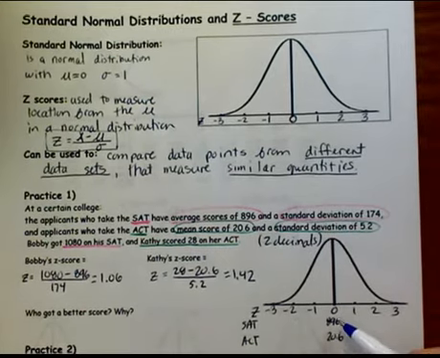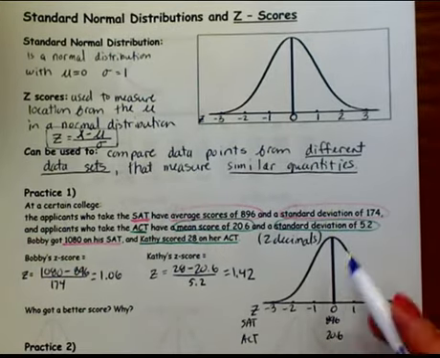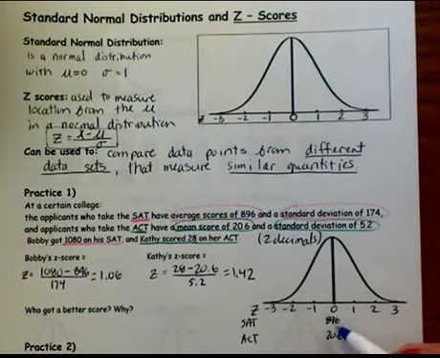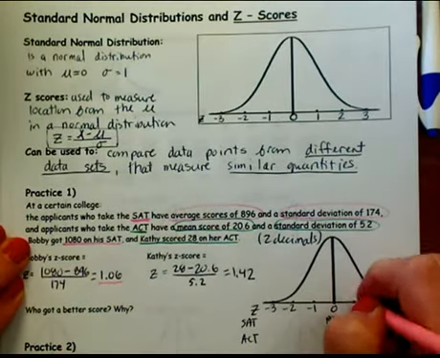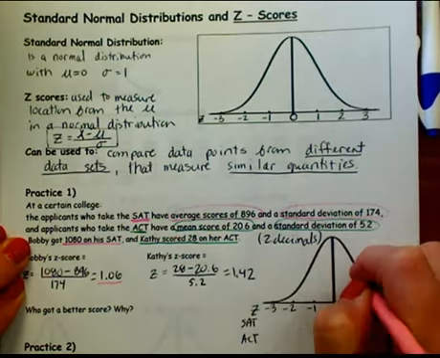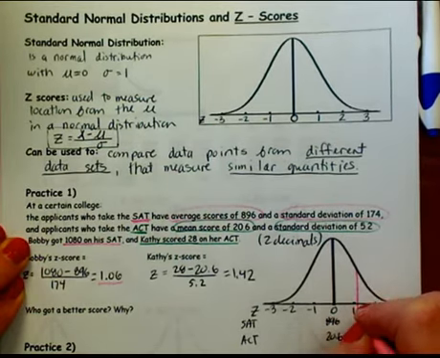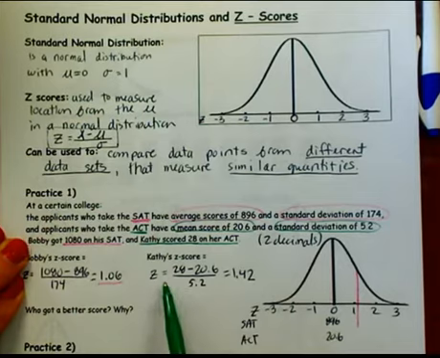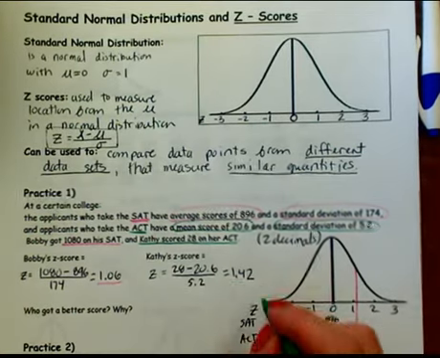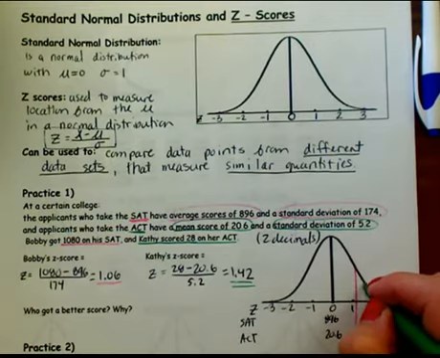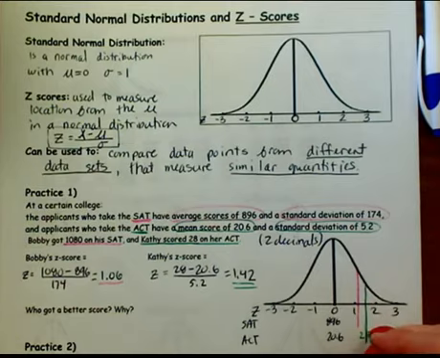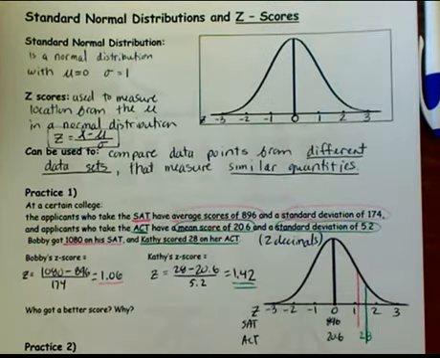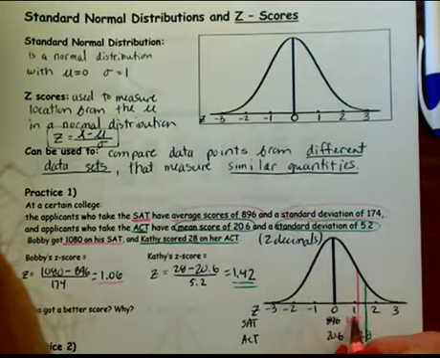That means that a score of 896 and a score of 20.6 would be considered equal because they're both the average. Then I go ahead and look at this, and Bobby has a z-score of 1.06, so that is about here. Okay, that's Bobby. Now Kathy is a 1.42. That's more here. Right? She got a score of 28, and Bobby has a score of 1080.